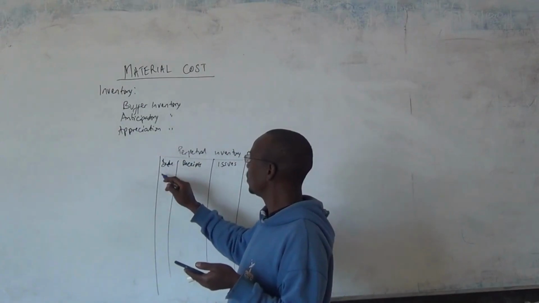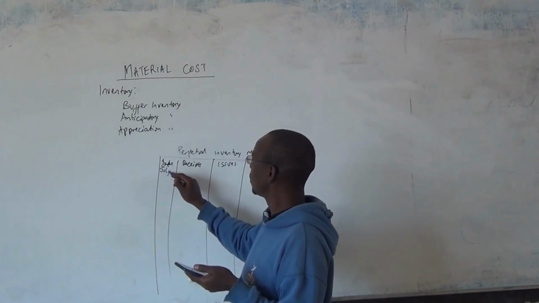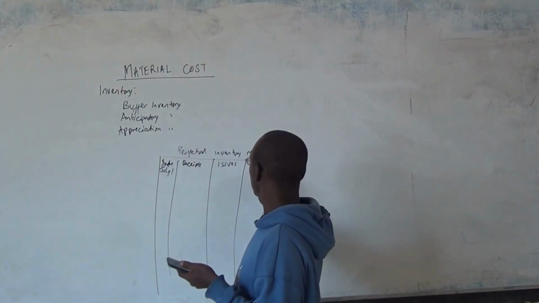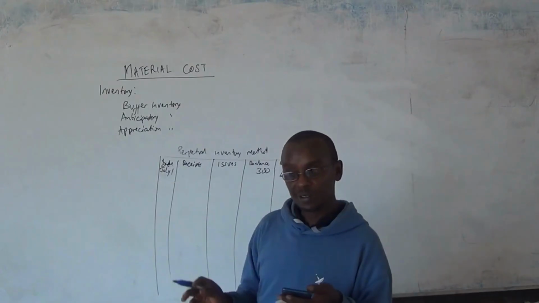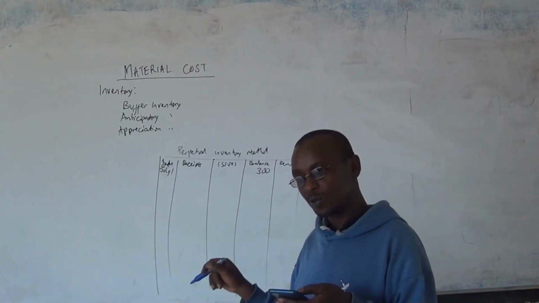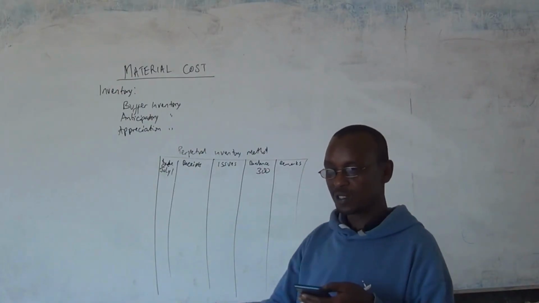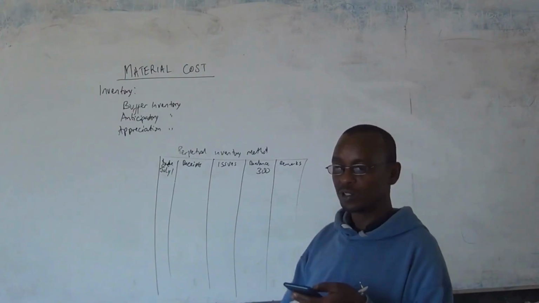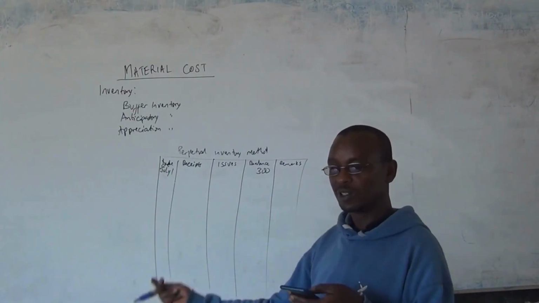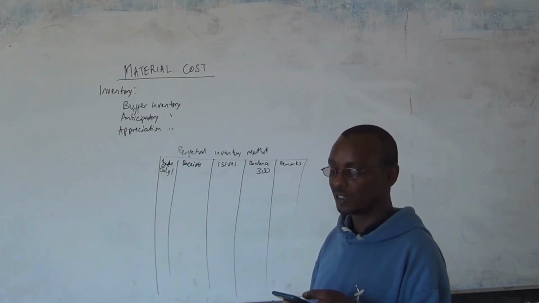So if at a certain date, at the beginning of July, you had a balance of 300 items, now every item in the store should have a record. Okay? So if you have rice, it has its record. Sugar, its record. Salt, cooking fat, like that.